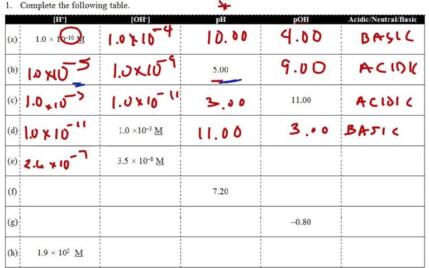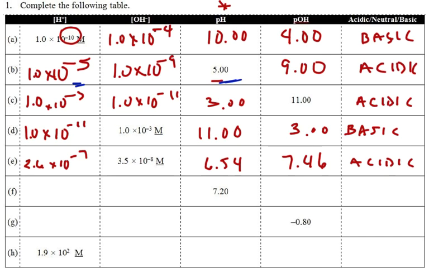Now, my pH is going to be somewhere between 6 and 7, and it turns out to be 6.54 rounded off. Then I know that this must be an acidic solution. And if I know 6.54, I can subtract from 14, and get 7.46 for my pOH.